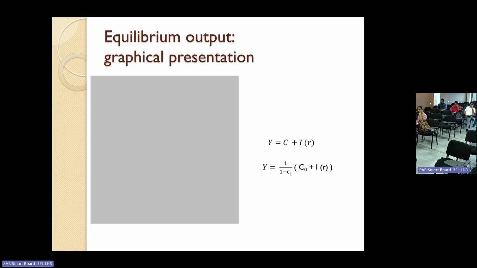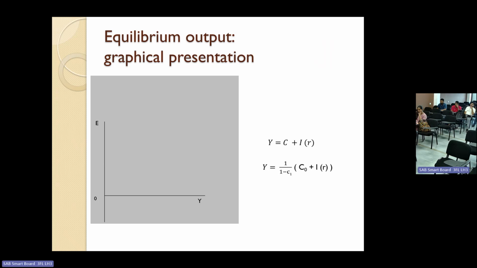Now our model is Y equals C plus I. We know how we derive the equilibrium equation: Y equals 1 over 1 minus C1, times autonomous expenditure. Now we are going to explain it in graphical form. On the y-axis we have E, aggregate expenditure, which equals aggregate demand.